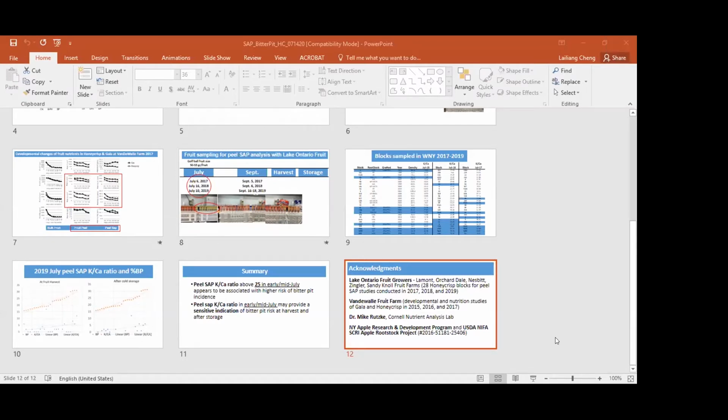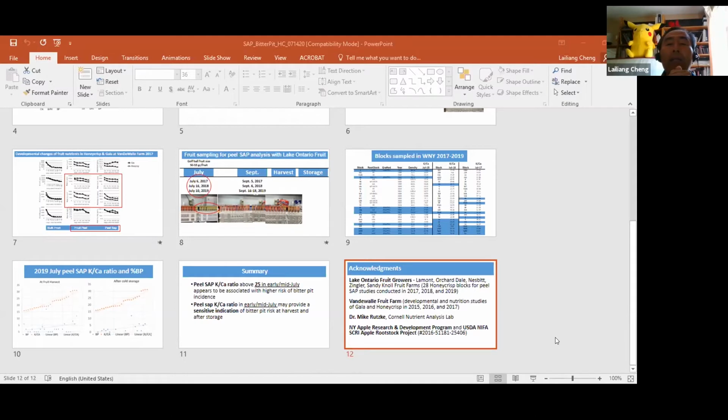And we have another question in the Q&A box. Have you explored reasons for weak relationships where, for example, high ratios are not predictive of bitter pit? We are looking into that now. And potassium to calcium ratio is only part of the story, we believe.